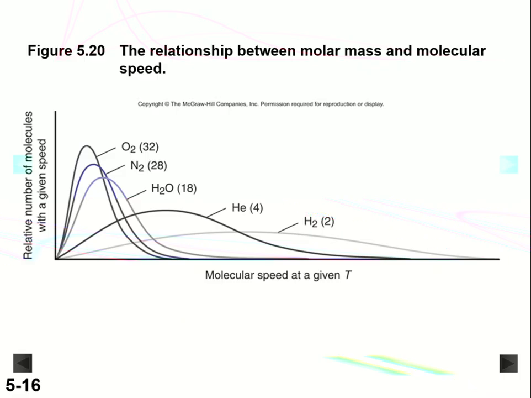We have oxygen, nitrogen, water vapor, helium, and hydrogen gas. And you see, of course, that hydrogen gas is by far the smallest molecule at 2 grams per mole, and it's got a much higher speed than all the others. We could relate the speeds through the 1/2 mv squared relationship.